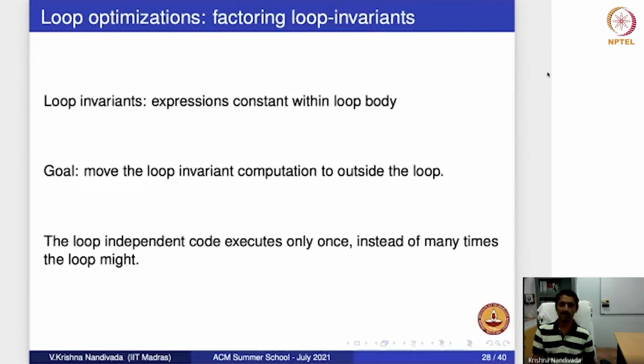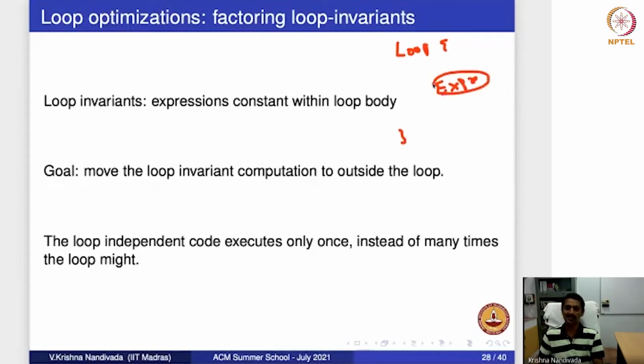Let's go with one more optimization called loop invariant factoring or loop invariant code motion. What is a loop invariant? A loop invariant is an expression which remains constant throughout the loop and is computed within the loop. Let us say I have a loop, and in it I am computing some expression.